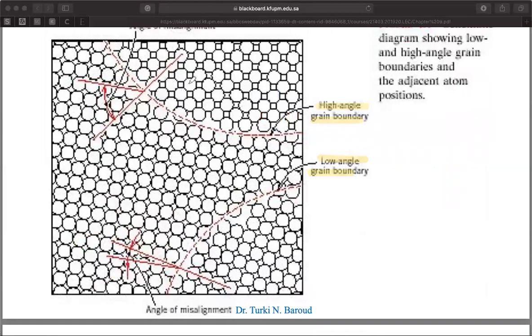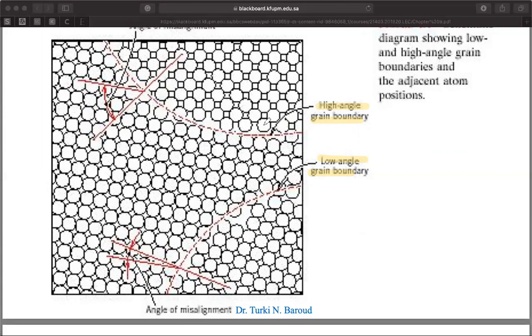However, if you look at these 2 grains, there is a big mismatch in their orientation. We call it a high angle grain boundary. Now, you can understand that a small angle grain boundary, where the 2 grains don't have big differences in crystallographic orientation, will not place as many obstacles in front of the dislocation compared with the high angle grain boundary.